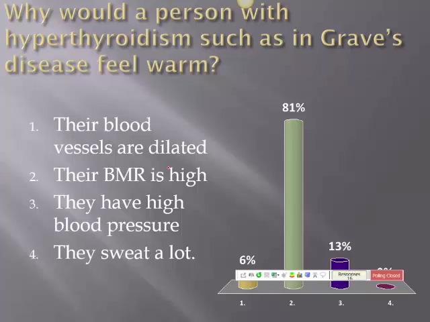It just so happens that with hyperthyroidism, you will have all of these also, but that's not the reason why they feel warm. They feel warm because the BMR is high. Since they are feeling warm and their body temperature increases, the blood vessels will be dilated. The skin blood vessels will be dilated to radiate heat and bring your temperature down.